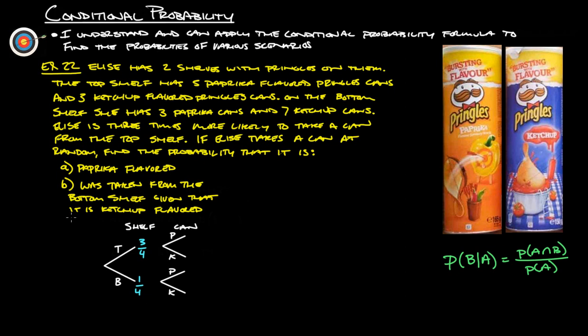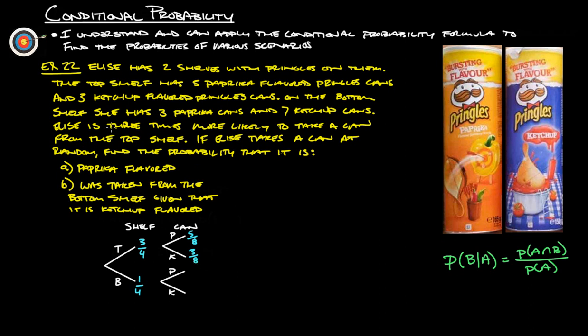So if she chooses 4 times, 3 of those 4 times from the top, one of the 4 from the bottom, right? On the top shelf, there are 5 paprika and 3 ketchup flavored. So 5 out of 8 is paprika, 3 out of 8 is ketchup.